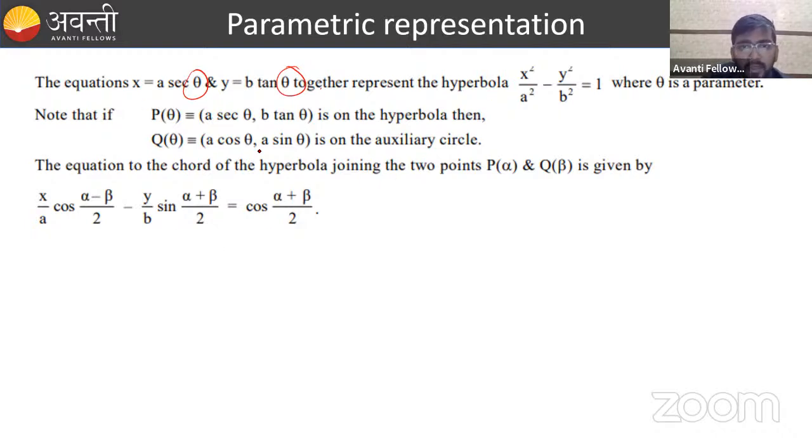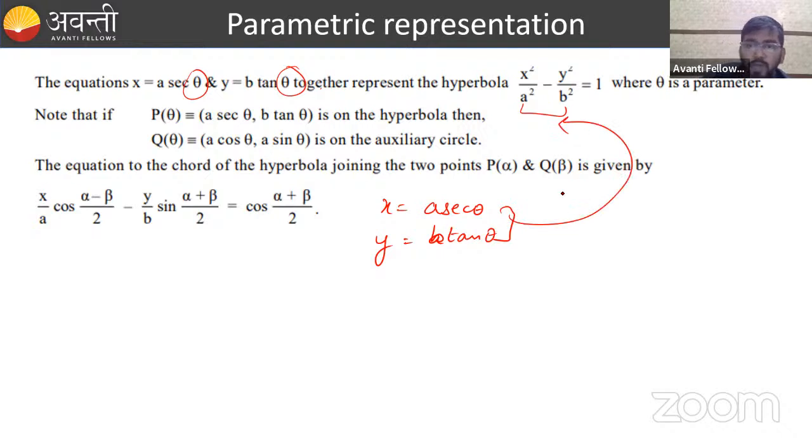So the parametric representation for a hyperbola is x is given by a sec theta and y coordinate is given by b tan theta. And why it is done so is because if you substitute this x and y over here, you will get that this equation is always satisfied.